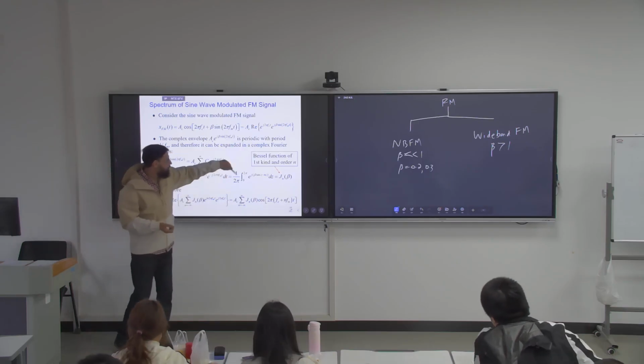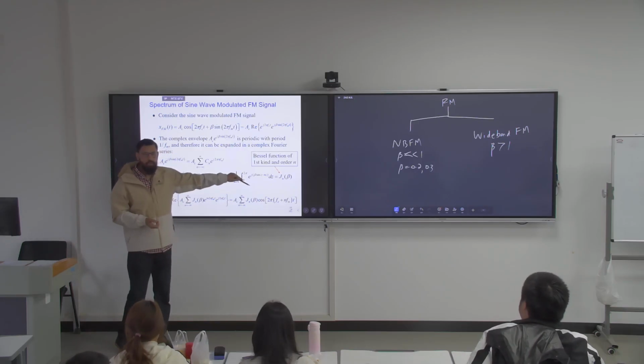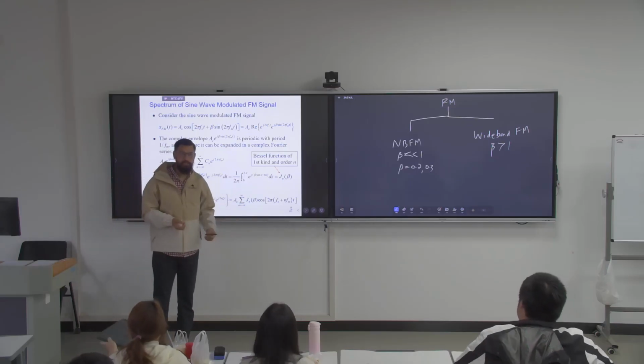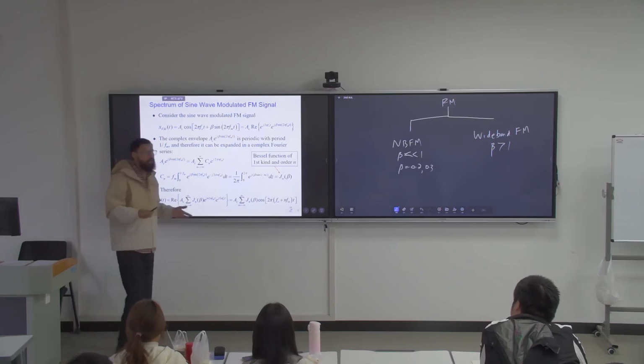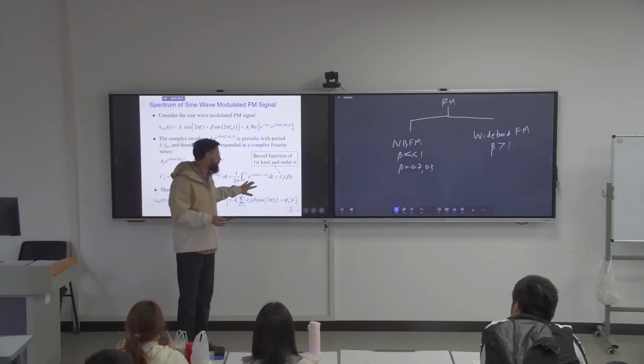Now, this complex exponential, we call the Bessel function. How do we calculate this very tedious integral?